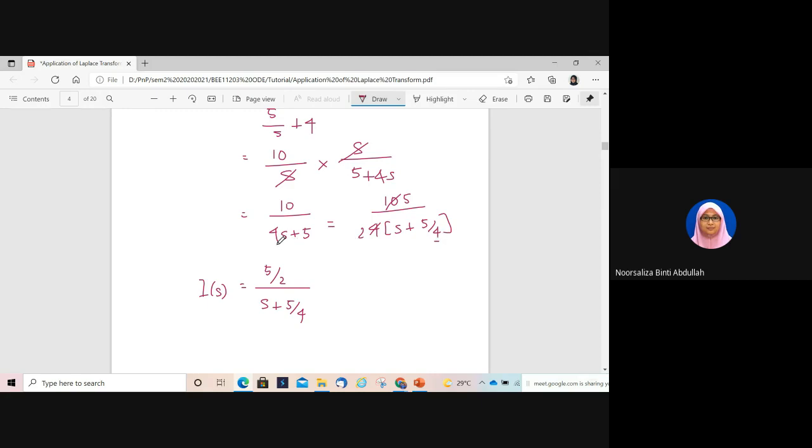When you factor out, you will get S plus 5/4. This is the 4 that we took out. This 4 we simplify with the 10 on top. So 10 with 4 is actually 5/2. So that's why you get 5/2 here.